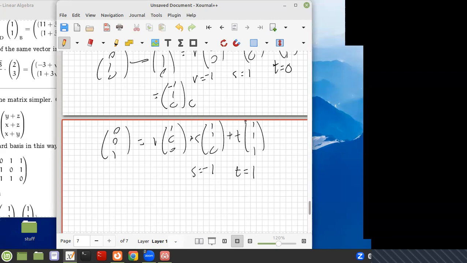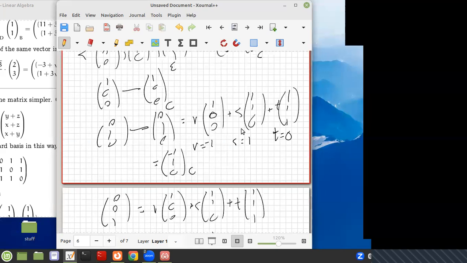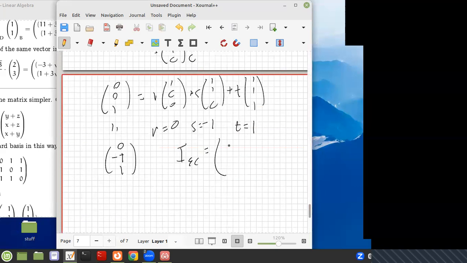But if S is -1, I'm going to have 1, -1, so R is 0. So this one equals (0, -1, 1). So the identity map from the standard basis to C equals the matrix with columns (1, 0, 0), (-1, 1, 0) and (0, -1, 1), as long as I haven't made any mistakes.